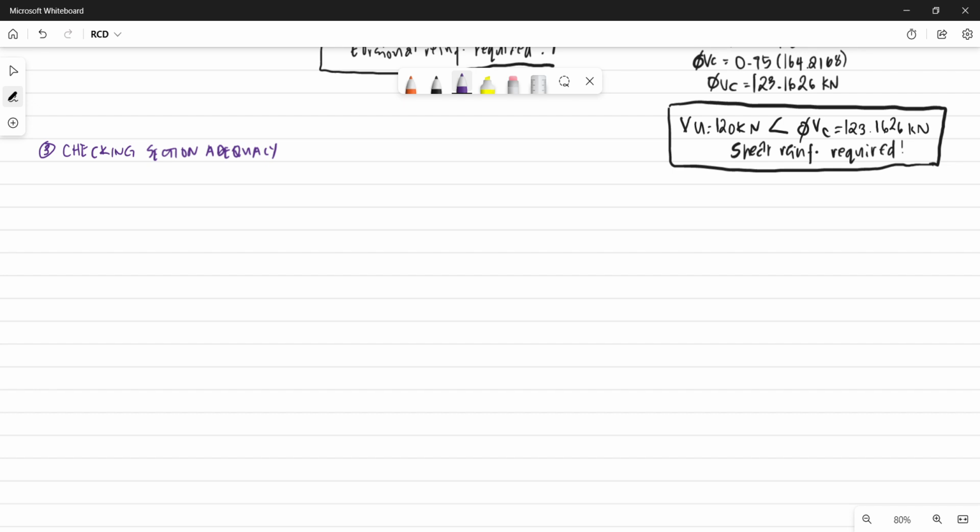So, we've given this equation. Yan. VU over BWD, this is squared, plus TU PH over 1.7 AOH.